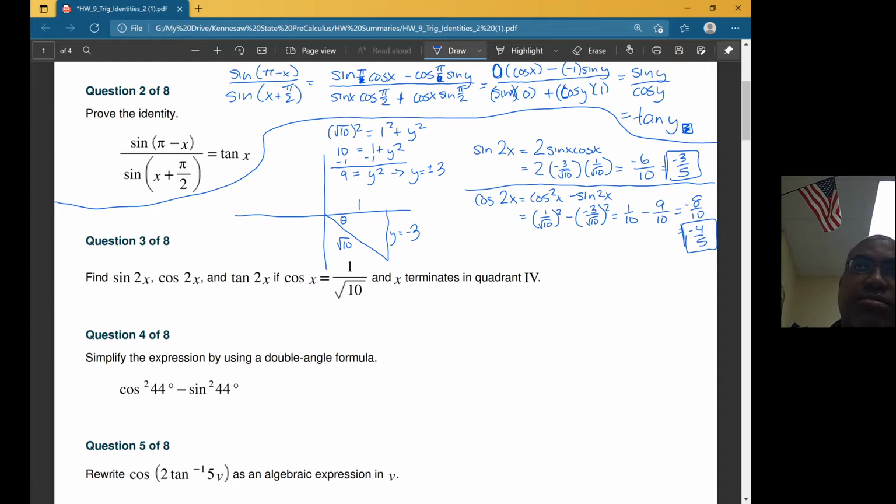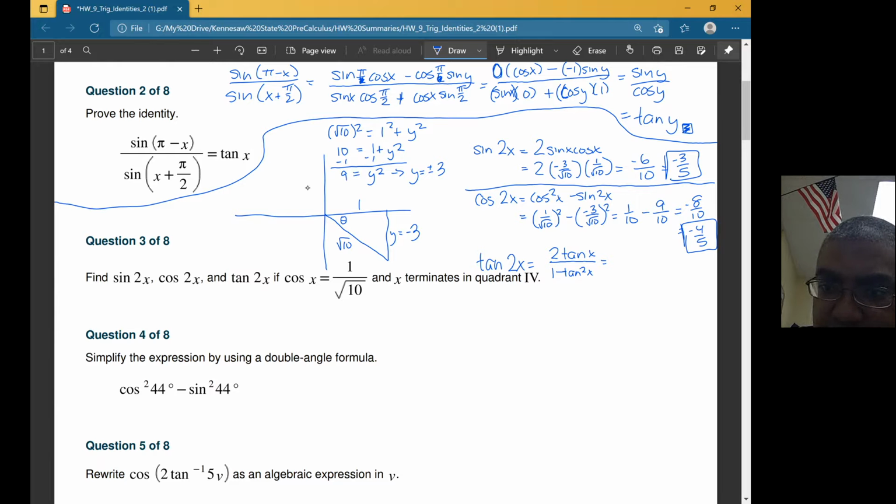All right. And lastly, tangent of 2x is equal to 2 tangent x over 1 minus tangent squared x. Tangent of this is negative 3 over 1.